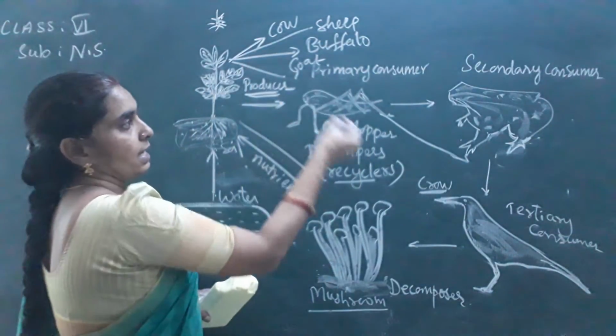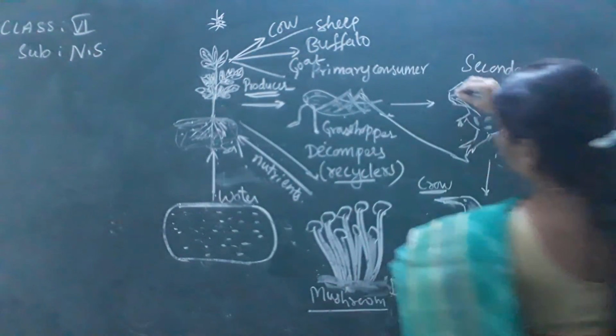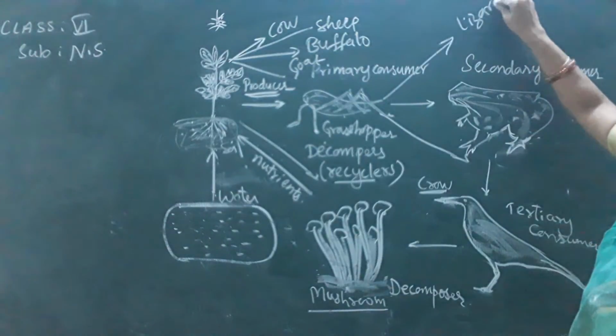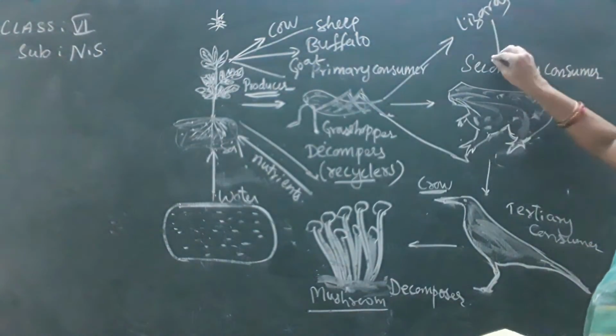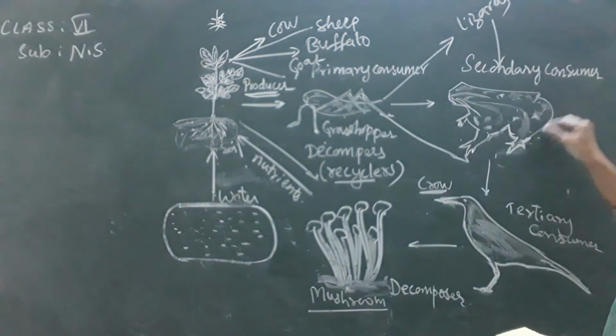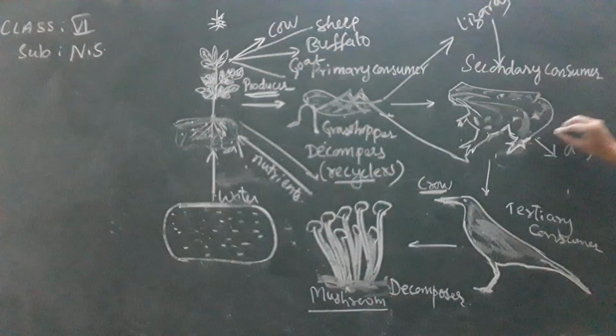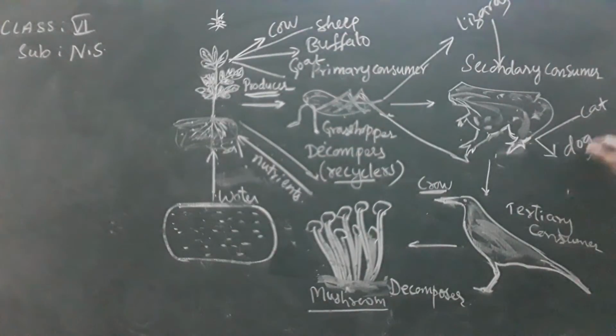So plants are eaten by them, and the grasshopper is eaten by lizards, and lizards are in turn eaten by frog, and again frog is eaten by dog or cat, and cat is eaten by fox or dog.